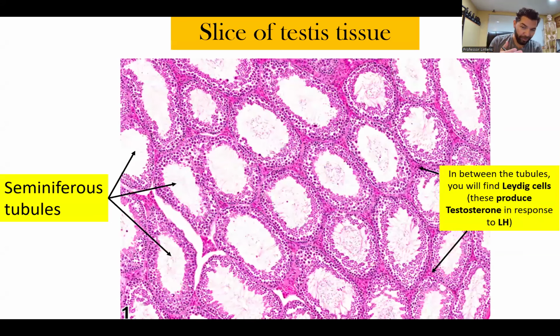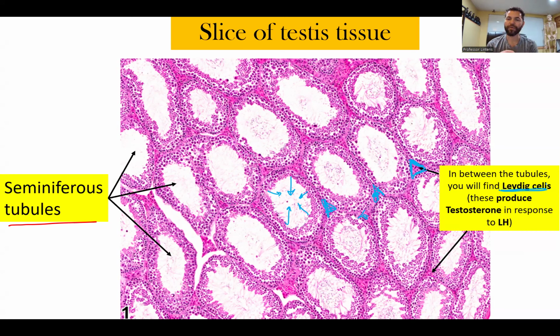So looking at a cross section of the testes, we can see these seminiferous tubules. And in between these seminiferous tubules, we have other cells. Right? These are where sperm are being made in those tubules. The other cells are called Leydig or interstitial cells.